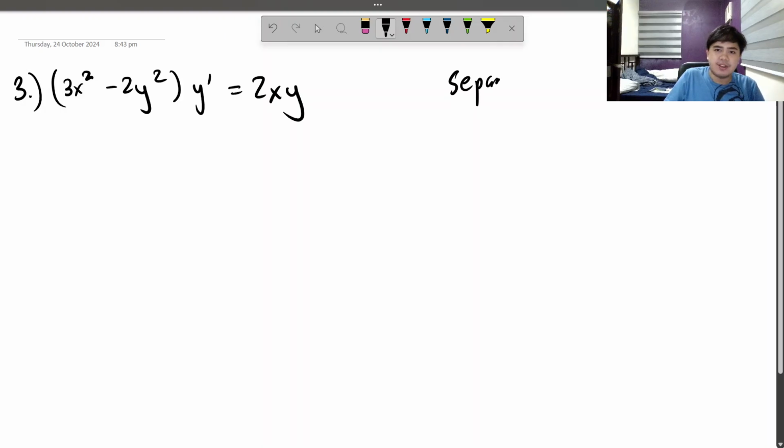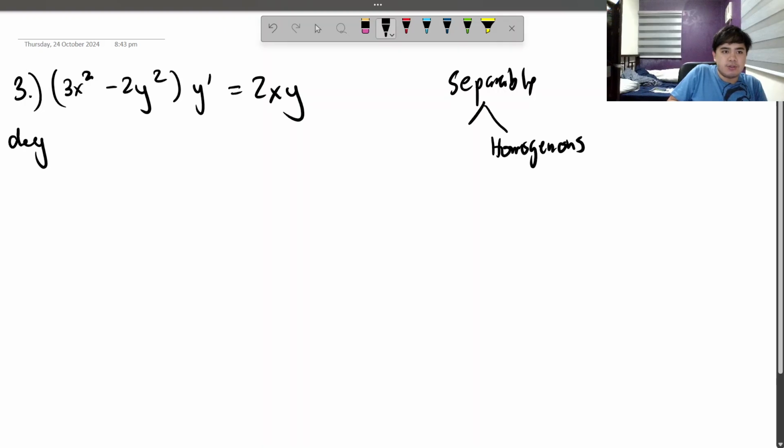Separable here, and then going down, we get homogeneous. So is this homogeneous? We have to check. Look, x squared, the degree of this one is 2. This one also 2. And this one is also 2. All the terms have degree 2. Therefore, this is homogeneous. So we can use homogeneous tricks in order to do this.